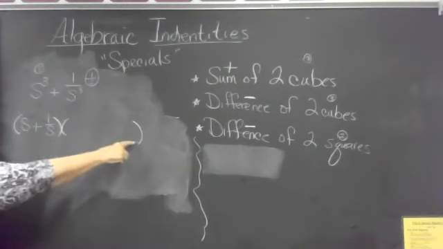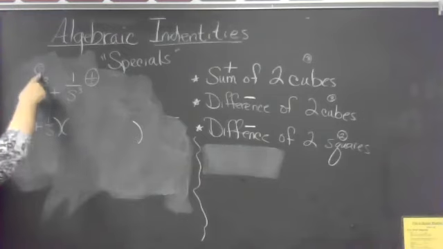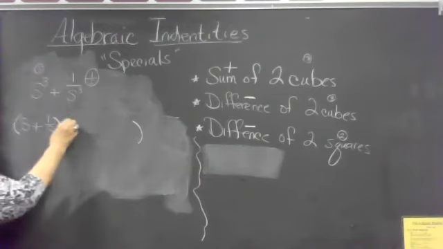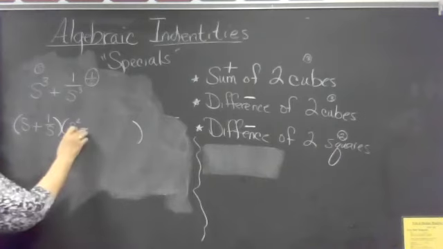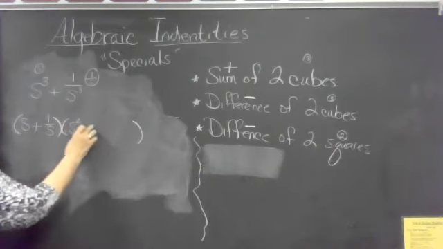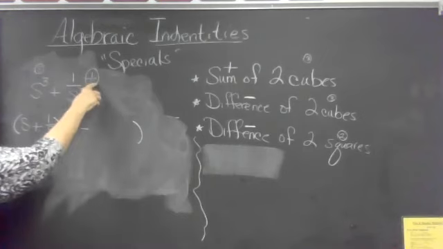This back long parenthesis says the first thing you put in here is take your first number and square it. Then you have a minus. Be careful of these signs, they're different. So minus. Then the second term right here says to multiply the first and second together.